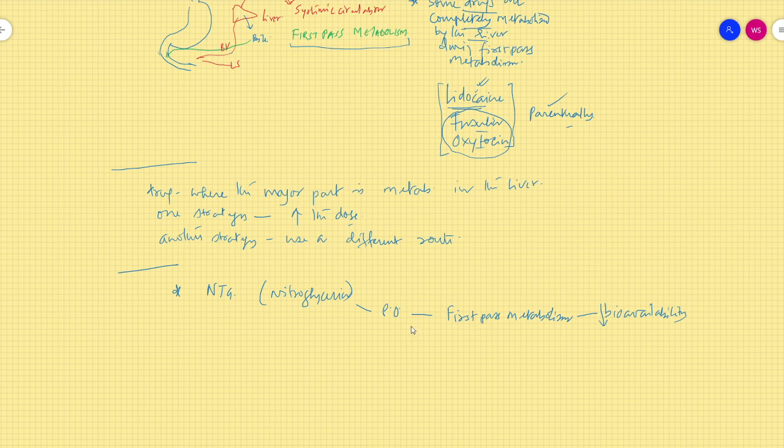And for it to undergo first pass metabolism and get into the systemic supply, it takes time. There is a time gap to reach systemic circulation.